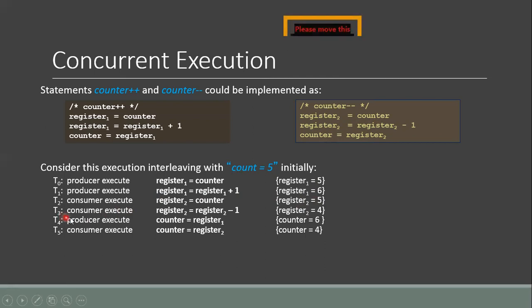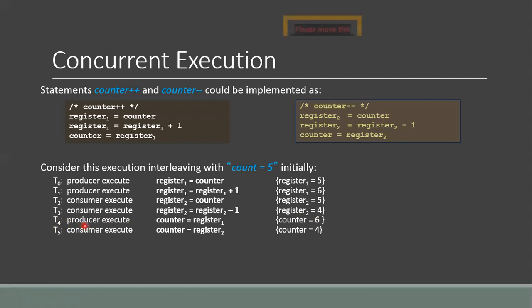At T3, the consumer will execute the next machine language statement. That is, it will subtract 1 from the content of register 2. So register 2 will now hold the value 4. At T4, control will be transferred again to the producer process.